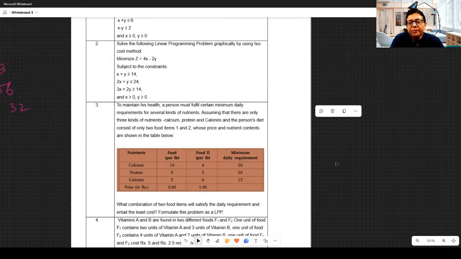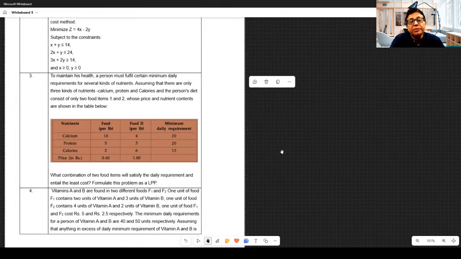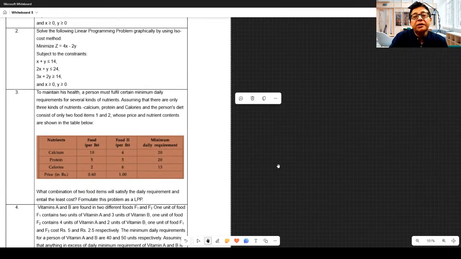We will be solving this problem. You all can see that on the board. And I would like to solve it both ways, by the corner point method as well as by the isoprofit or isocost method. Okay? Let us plot.